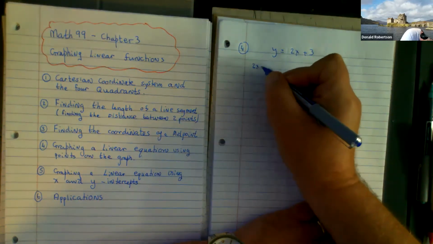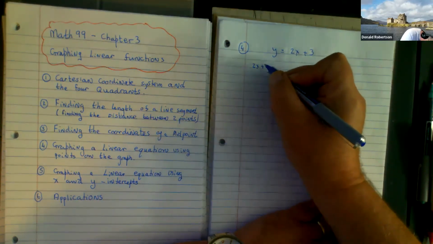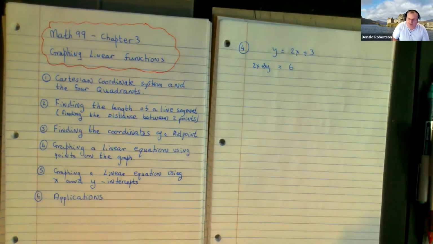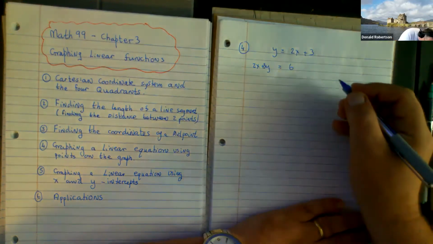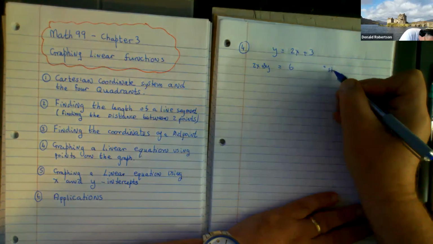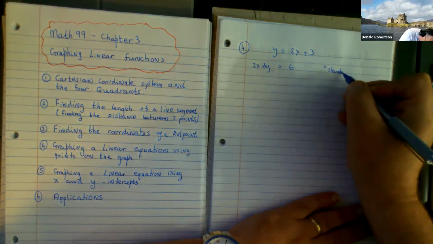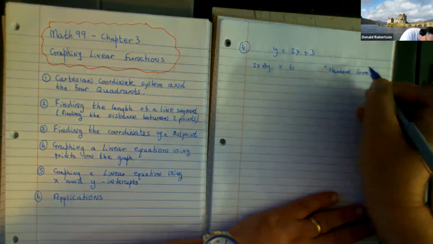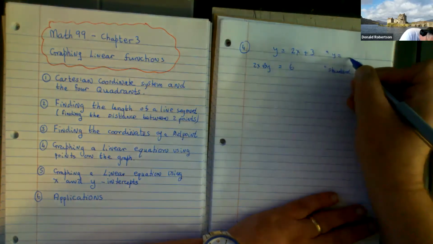And then the other version that you get is 2x plus 3y equals 6. That is called the standard form, and this is called the y equals form.